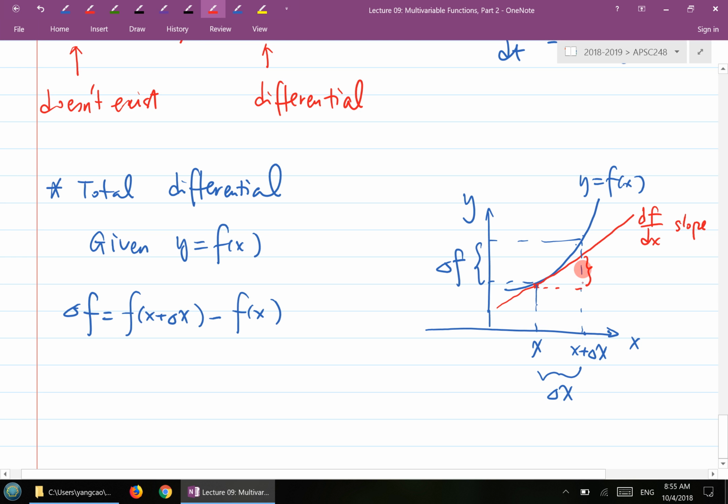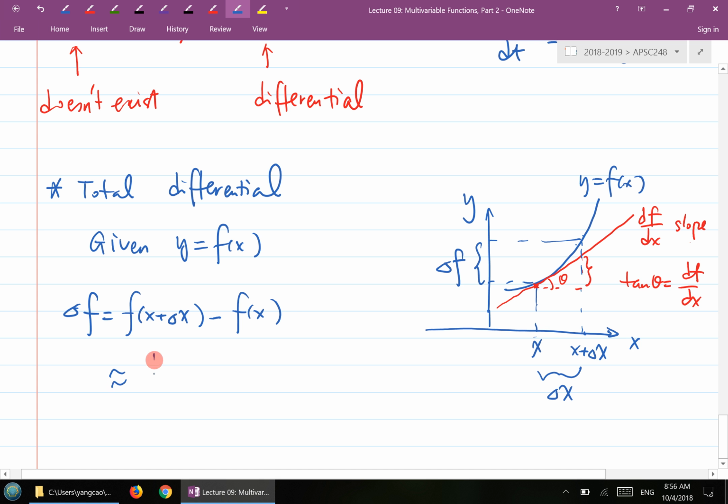This portion you can calculate using trigonometry, because this is a right triangle, and tangent theta represents the slope. So theta here is the slope. Then you can easily calculate this vertical length by using the delta x here.